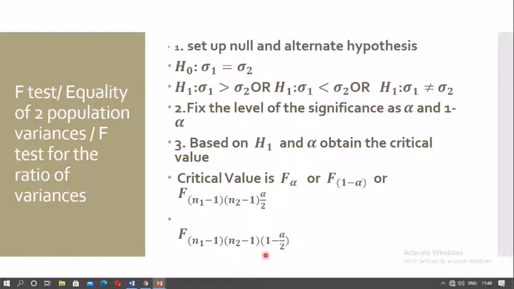These two are associated with the last alternative hypothesis. Till now you had only one critical value, but here we have two critical values.